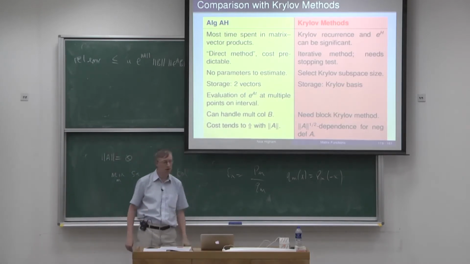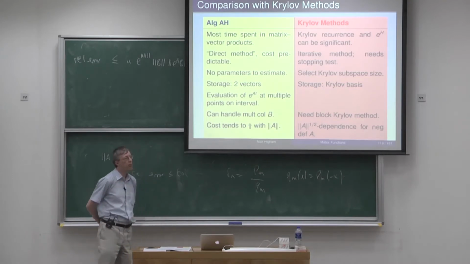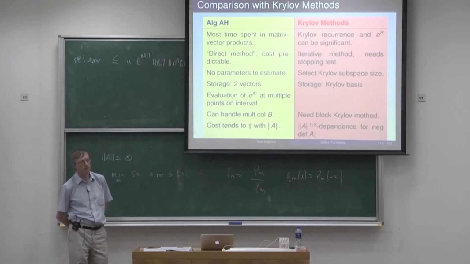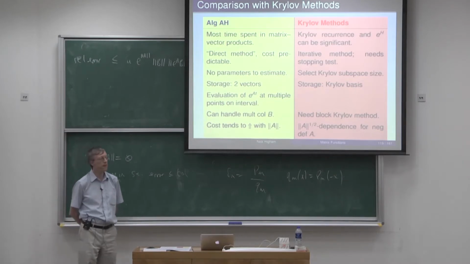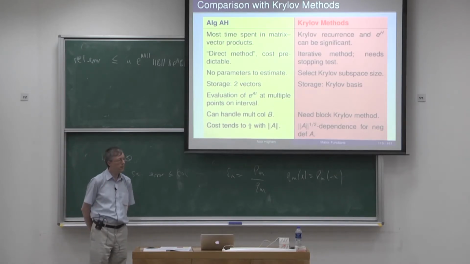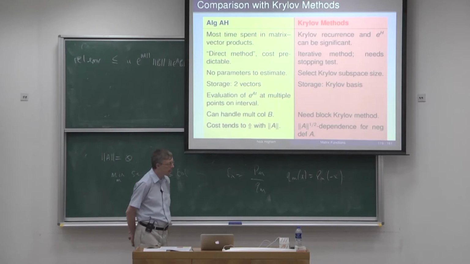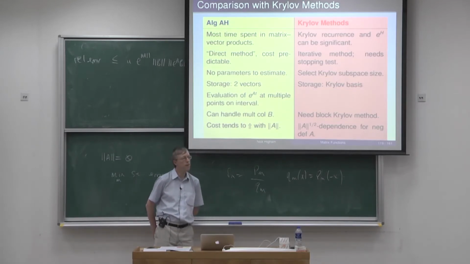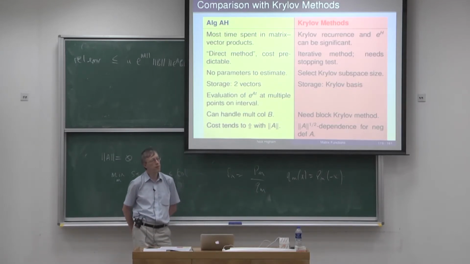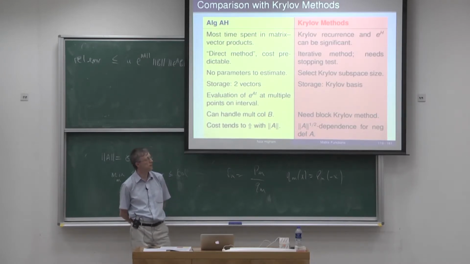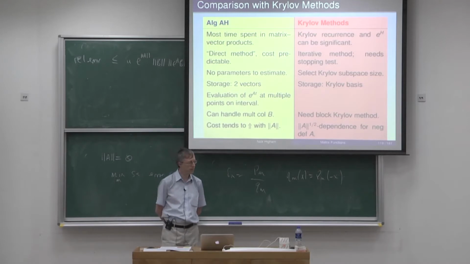Yeah, Marlies? Maybe a short comment on the storage. We have talked here about the Arnoldi process only. Another option is to use the Lanczos process. You can use a non-symmetric Lanczos process. But then, that goes with three-term recurrences, breakdowns. So you have a fixed amount of storage for this algorithm.